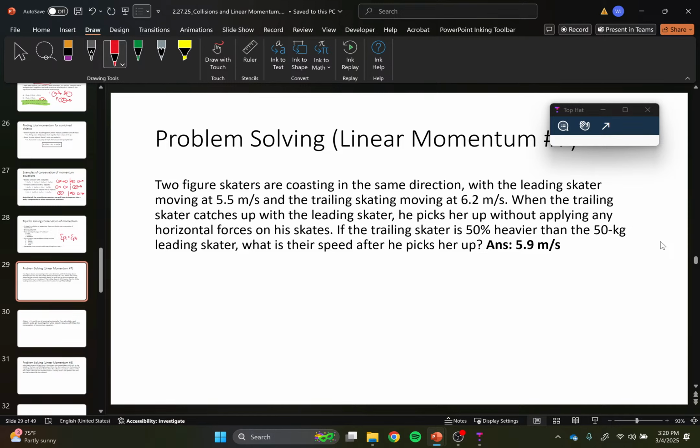Again, check around, chat with the people around you, see if they drew the same picture, or at least it looks similar. Anytime I have you all working on this, please work with the people around you.